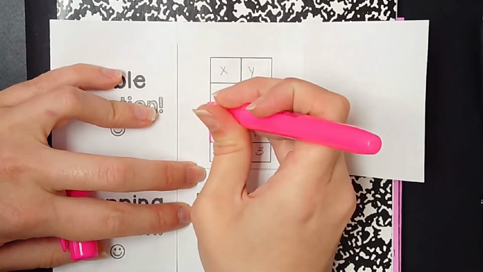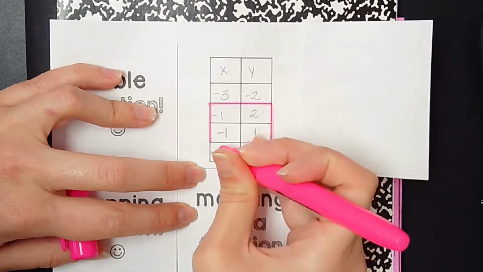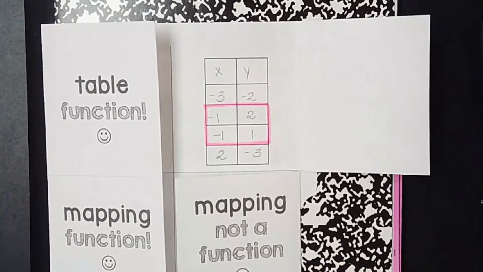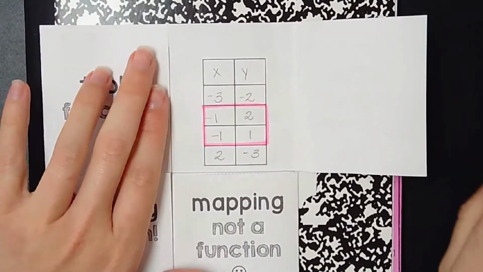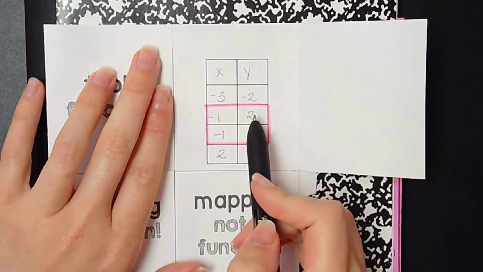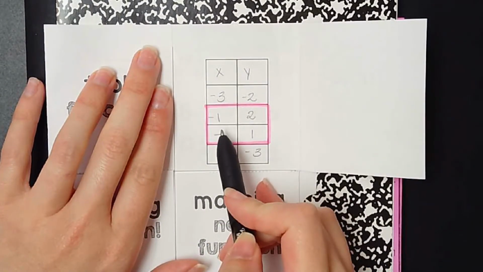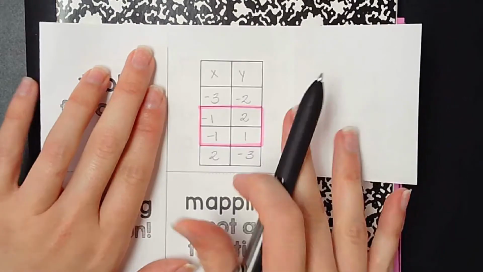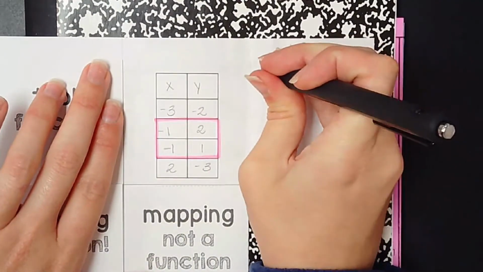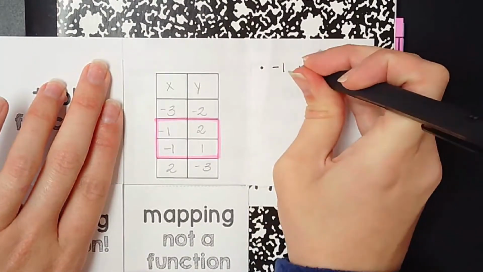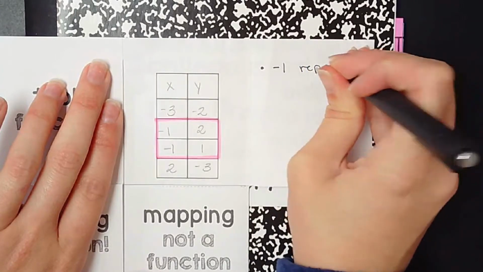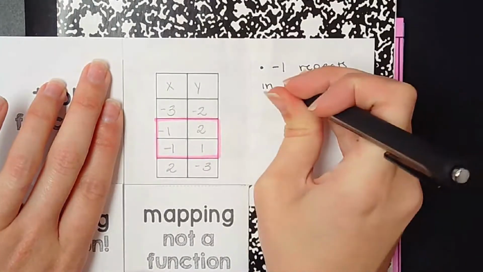It's these guys right here that are the problem. This is not a function because -1 matches up with +2 and -1 matches up with +1. So this is not a function because -1 repeats in the x values.